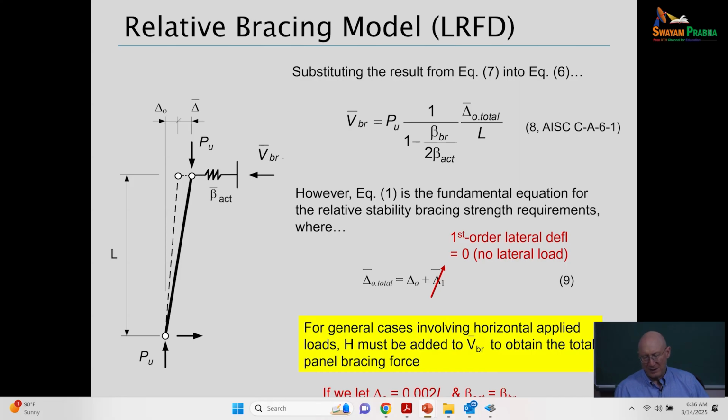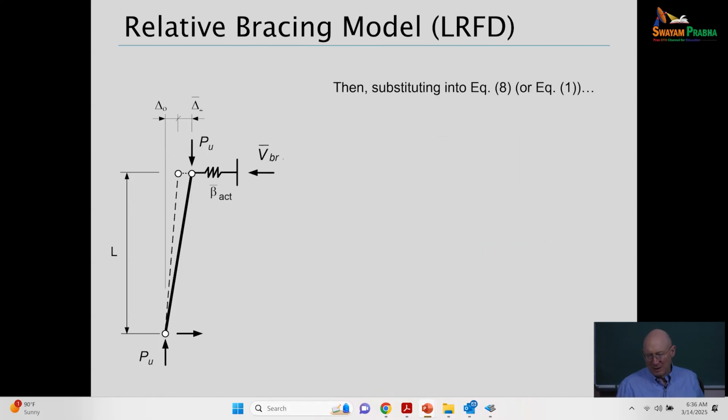And let's let the beta actual be equal to beta BR, the required bracing stiffness. If we do that, what we end up with is the shear that we need to take within this spring at the top of the column.